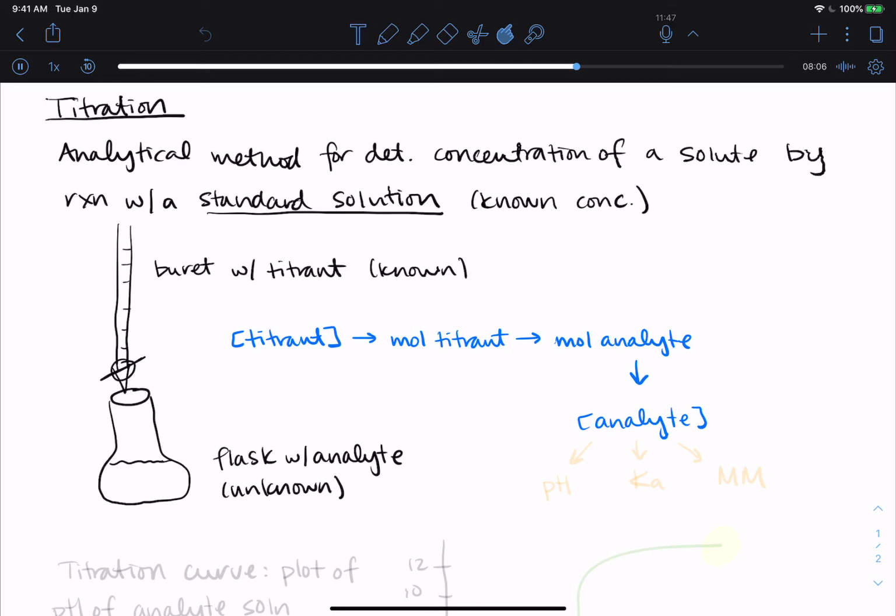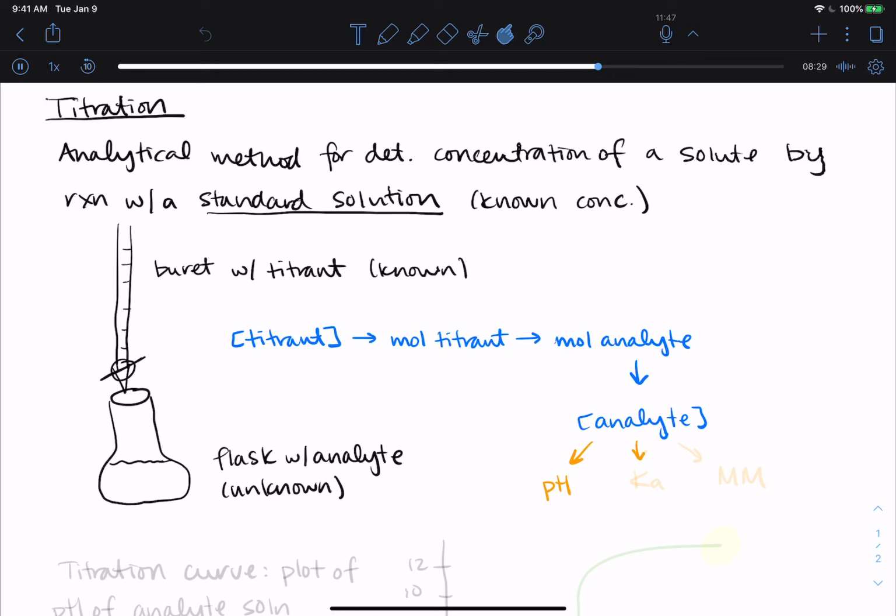And sometimes you can even take this a step further. In a lot of cases, this is where you'll stop, you just want the concentration of the analyte. Sometimes what you'll actually be reporting is the pH of that final solution. So if you have a concentration, you'll know whether or not it's an acid or a base, and you can proceed accordingly.